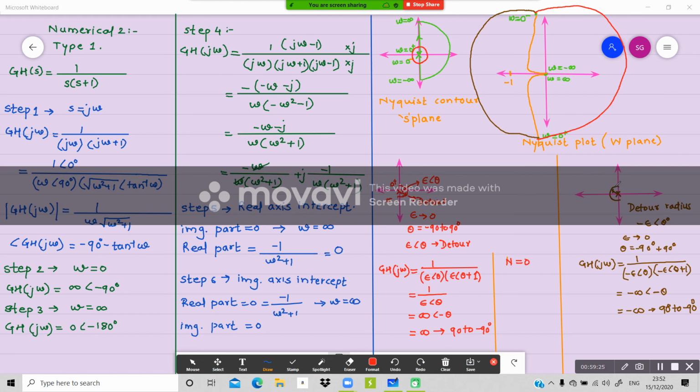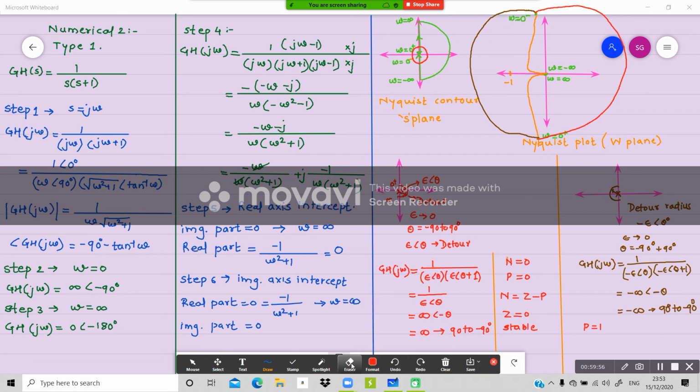When you are completing the detour on the other side, this pole is getting included in the RHP. When excluded, your P value is 0. When included, your P value will be equal to 1 because one pole is inside the RHP, right? Now encirclement is 0 and P is also 0. That means N is equal to Z minus P. This is 0, this is 0, this is 0. System is stable.